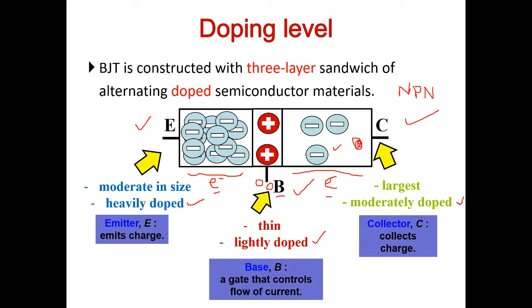The collector is to collect the carriers, so the free electrons from the emitter part will be collected at the collector part. So the emitter will emit the charge, and then the collector will collect the charge, right?